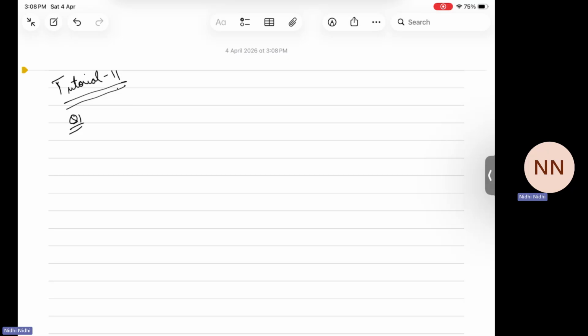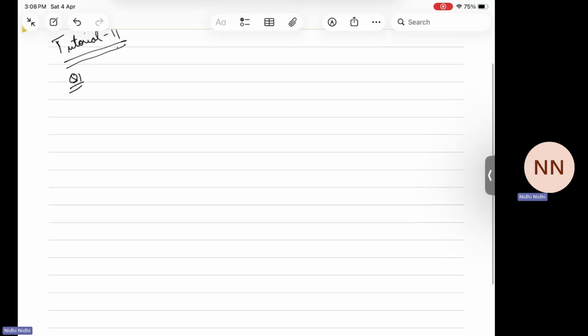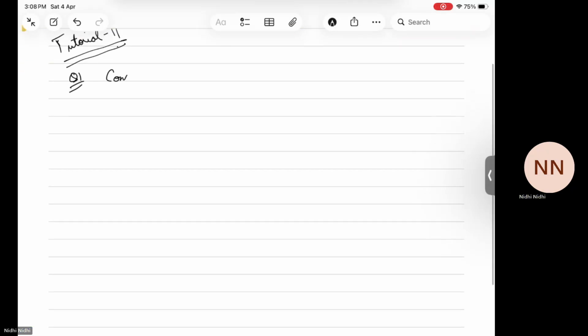It says that consider the change of variable. We take x to be u square minus v square and y to be 2uv.